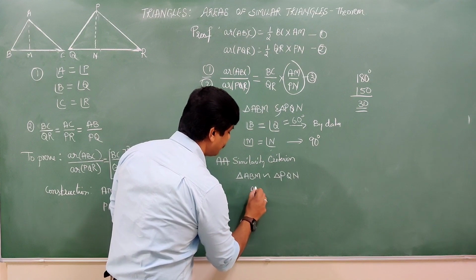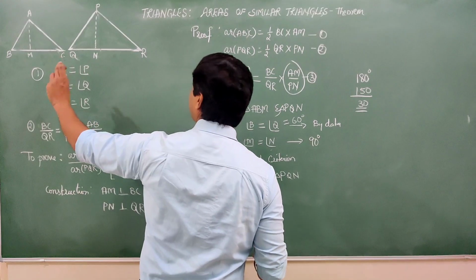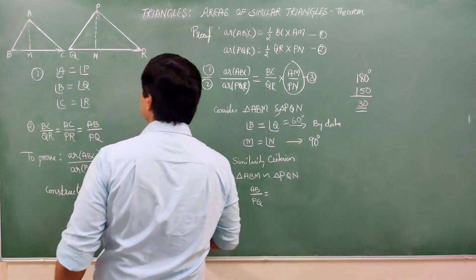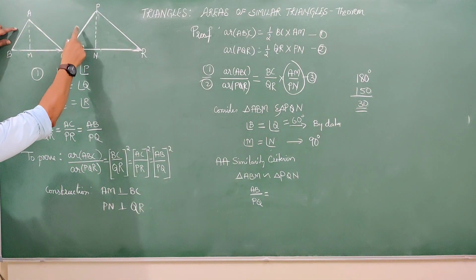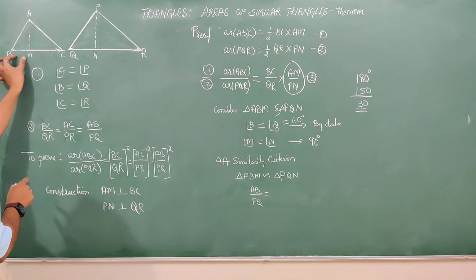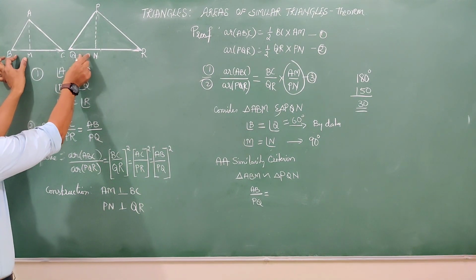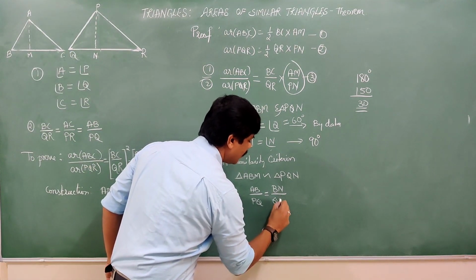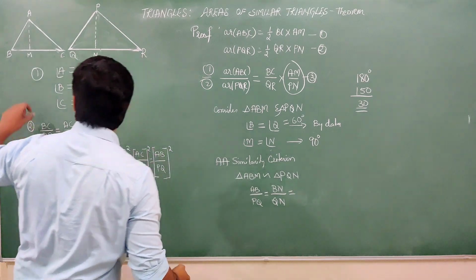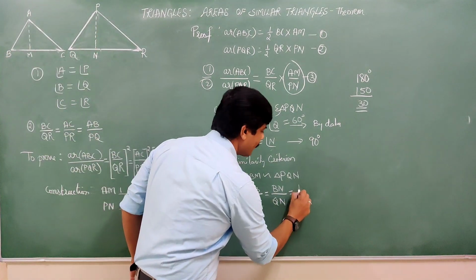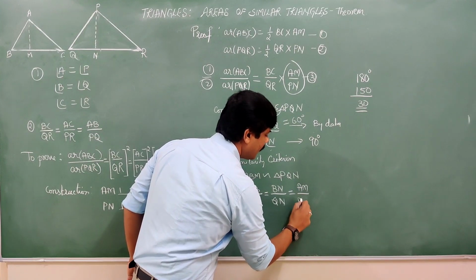AB by PQ, corresponding sides. AB by PQ is equal to BM by QN. BM by QN is equal to AM by PN.